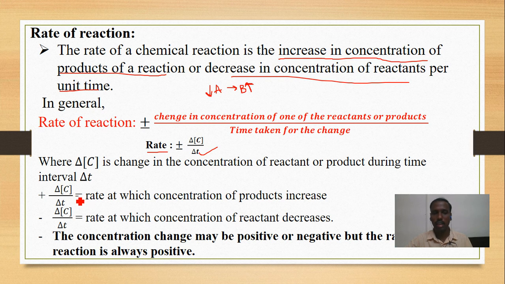The plus sign indicates the concentration of the products increases, the minus sign indicates the concentration of the reactant decreases. The concentration change may be positive or negative, but the rate of reaction is always positive.